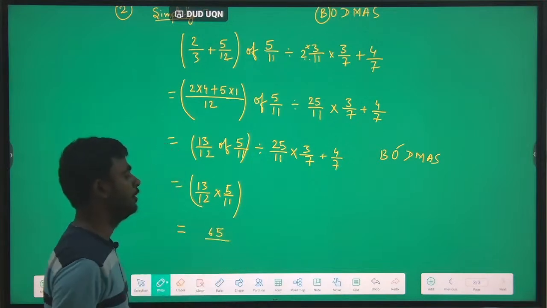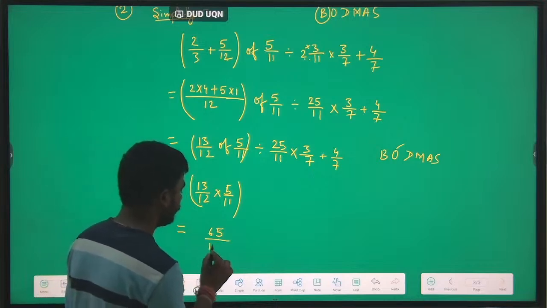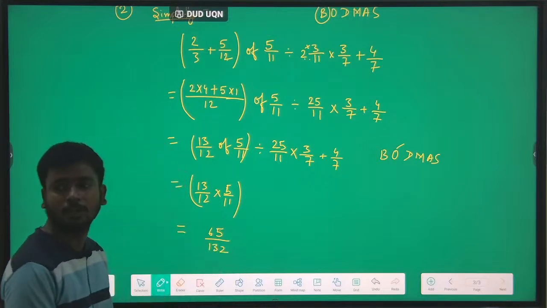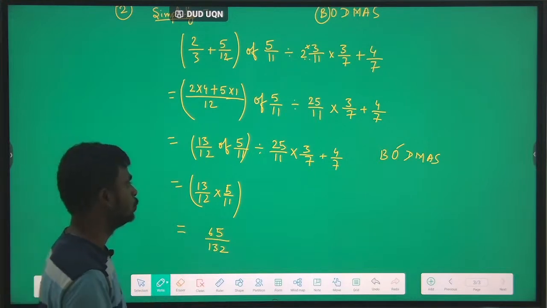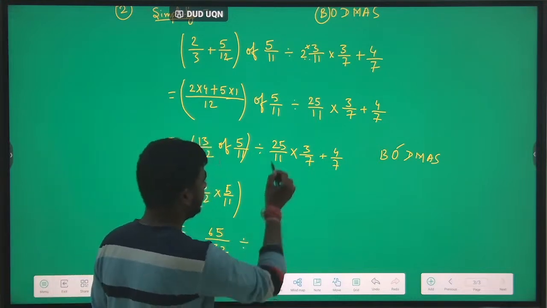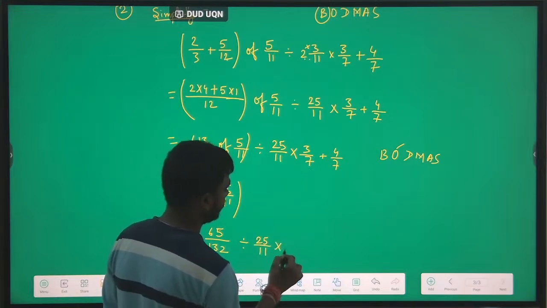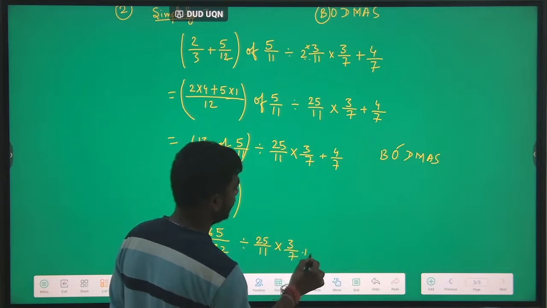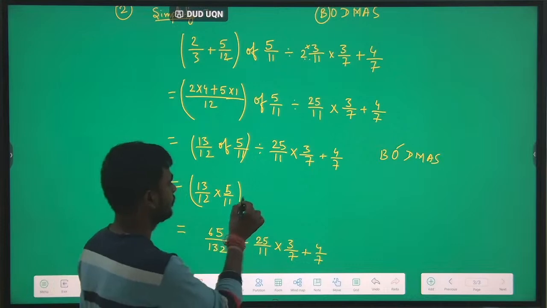And 12 multiplied with 11 is 132. So it will be 65/132, divided with 25/11 into 3/7 plus 4/7. The remaining terms will be the same.